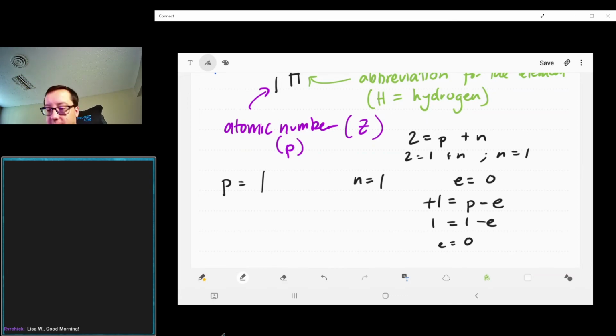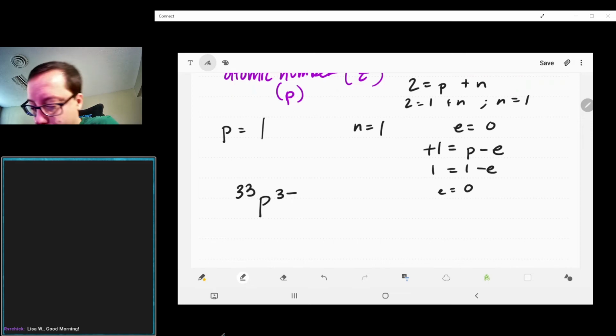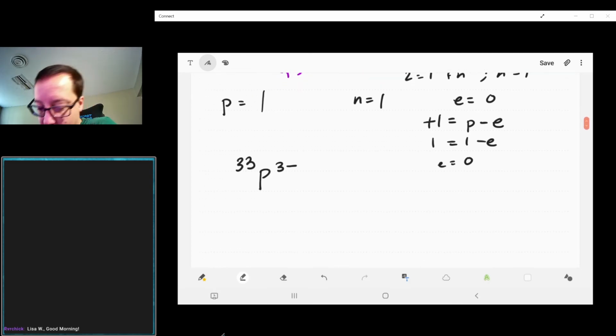So let's go ahead and do it again. Let's see how about, let's see if we can figure out the number of subatomic particles in this particular ion.